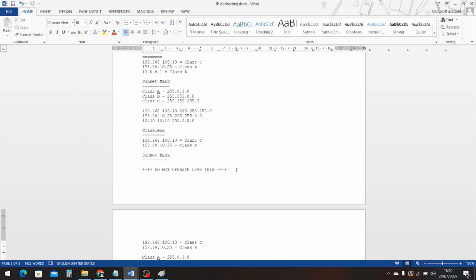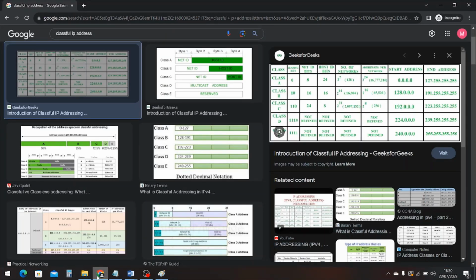For example, 10.10.10.10. If you look at it, it's a class A IP address, but it could be in a classless environment. The 10.10.10.10 could have 255.255.255.0.